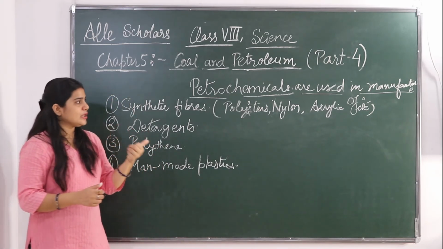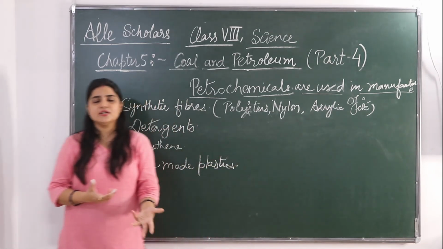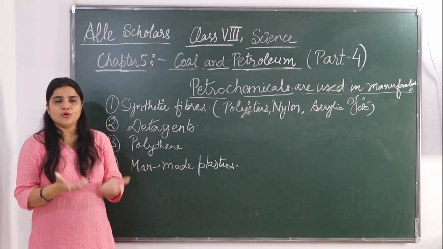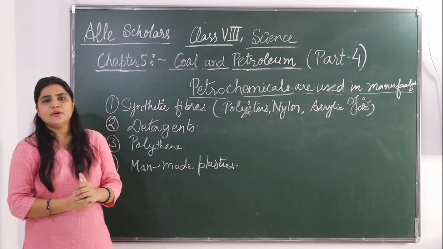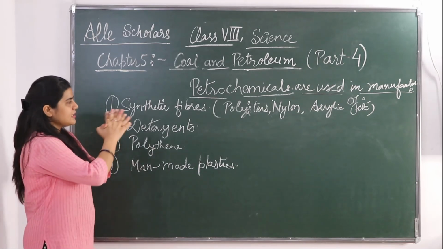Polishes are also made using paraffin wax, and it is used for lubrication and in automobiles. Bitumen, a constituent of petroleum, is used for surfacing roads. So these are the uses of petroleum.